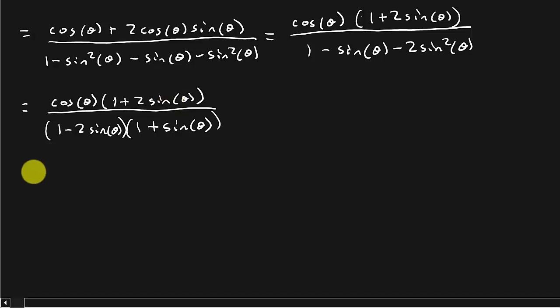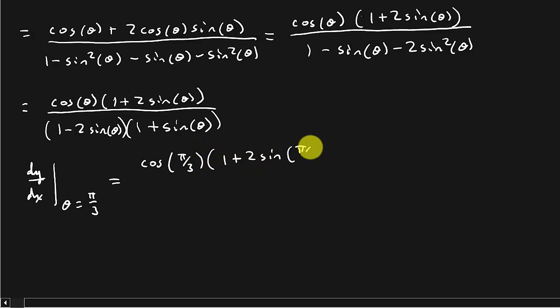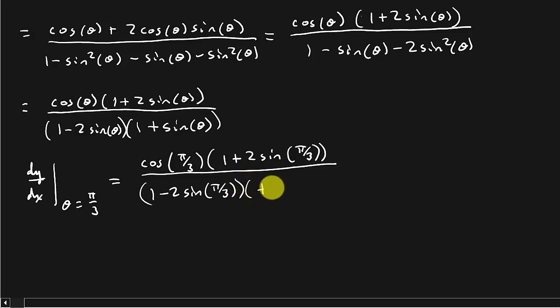All right, so now let's look at this. We've got dy dx, and I'm going to evaluate this at theta equals pi over 3. And that's going to be cosine pi over 3 times 1 plus 2 sine pi over 3 over 1 minus 2 sine pi over 3 times 1 plus sine of pi over 3. Okay, so I've got everything plugged in.